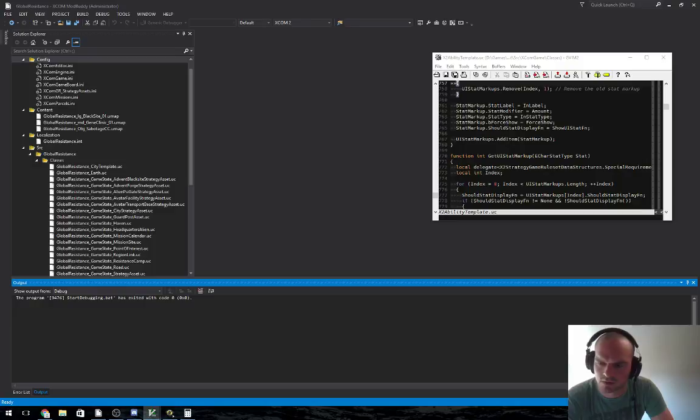So let's jump into strategy, default strategy assets, because this is going to be setting those delegates. It might not be the best place for them. Eventually we might have to move them, but for now it'll do.